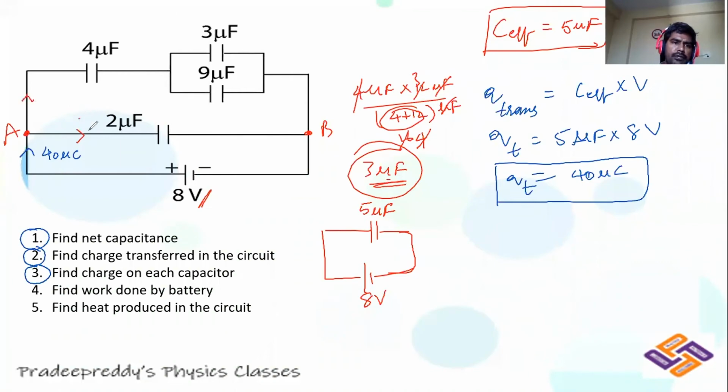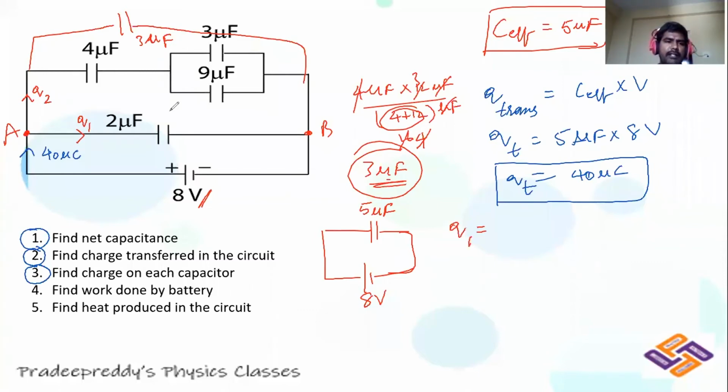From here it is Q1. Some charge goes to this 2 microfarad and some charge goes to this combination. And we have already learnt that the total effective capacitance of this combination is 3 microfarad, right? You can now find out Q1 simply. What is the formula for Q1?